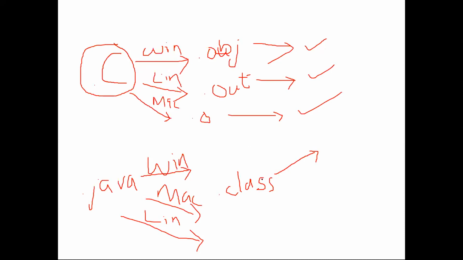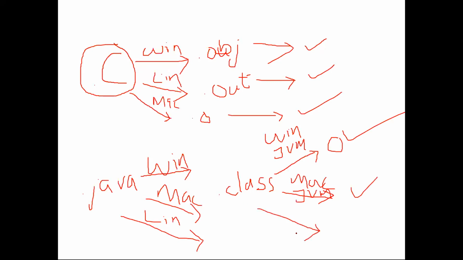If I want to execute the .class file in a Windows environment, I require Windows JVM, and then I'll have the output. Likewise, if I want to run the same .class file in a Mac environment, I'll require Mac JVM and I'll get the output. In this way, we achieve platform independence through Java.